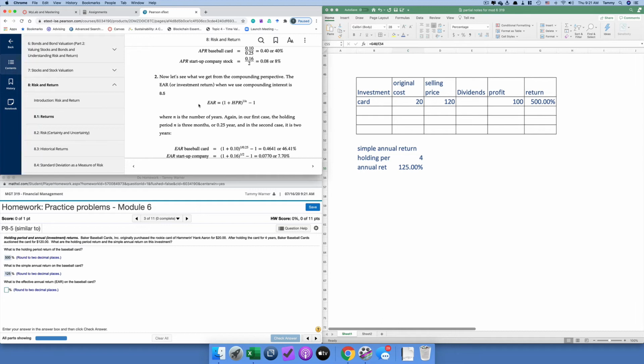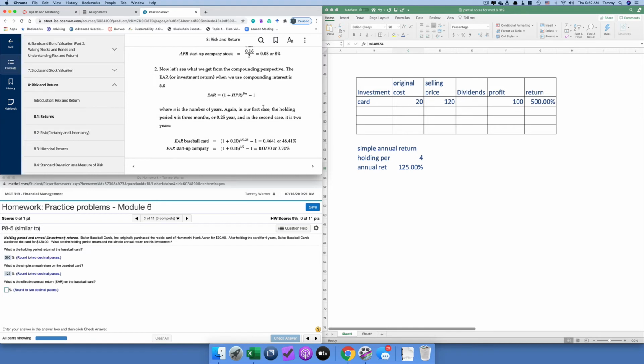So your effective annual return is going to be less than your holding period return. Now here is the equation. It's 1 plus the holding period return raised to the 1 over n, the number of years, minus 1.